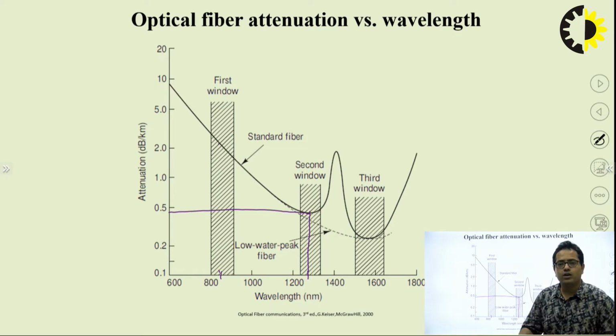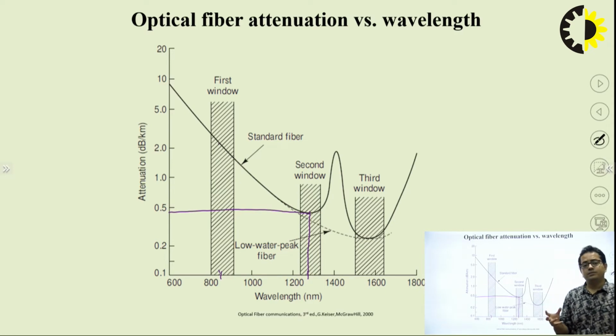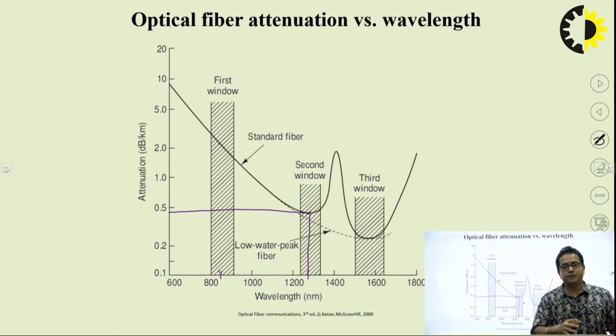If optical devices are easily available at a particular wavelength, then you can use that wavelength. Although the 1300 nanometer wavelength gives you 0.4 dB per kilometer, whereas 1550 gives you 0.2 or 0.12 dB per kilometer attenuation, there is only a little difference between 1300 and 1550 nanometer. But the case here is that the 1300 nanometer window is difficult at present.